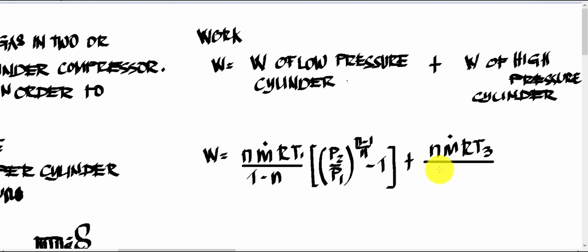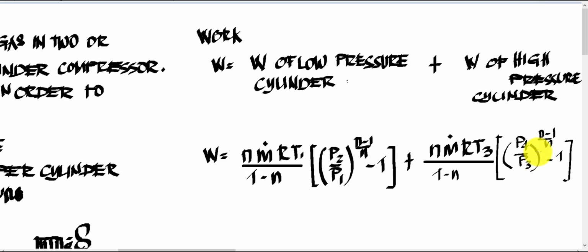Then it is divided again by 1 minus N. So again the ratio will be P4 over P3, raised to the power of N minus 1 over N, minus 1. Okay, so P4 to P3, that is the ratio.